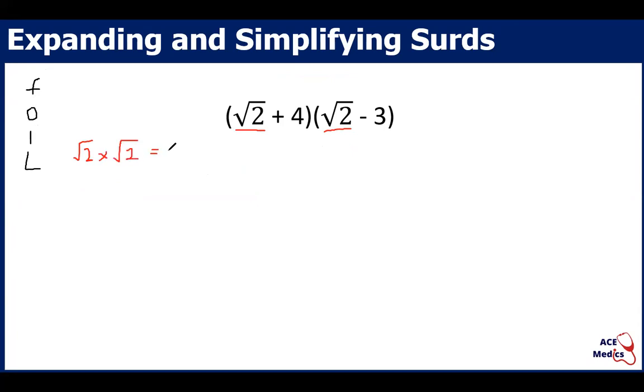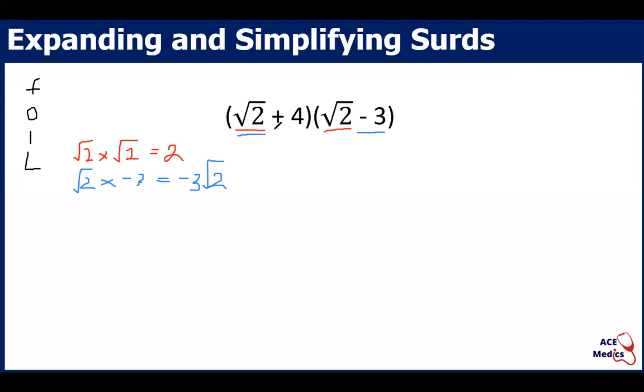Which is 2. Our outies then are root 2 times minus 3. Remember, the minus 3 applies to the thing after it. So root 2 times minus 3. So that's going to be minus 3 root 2 is how we will write it.